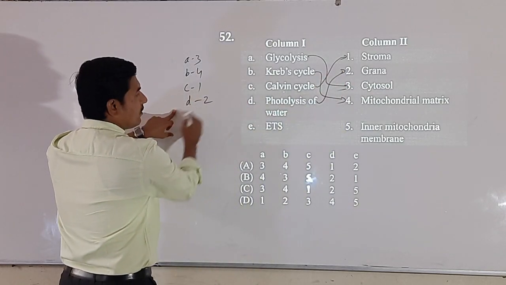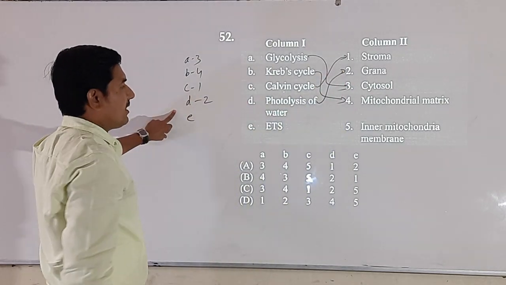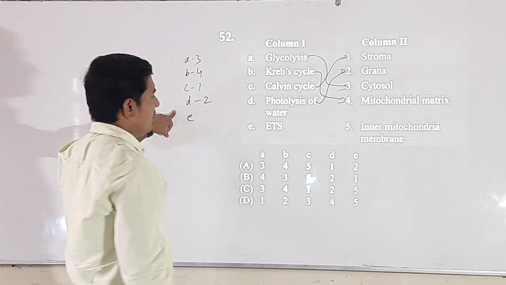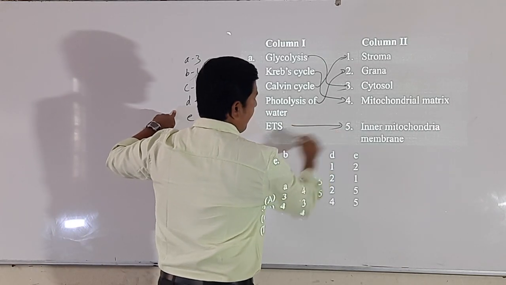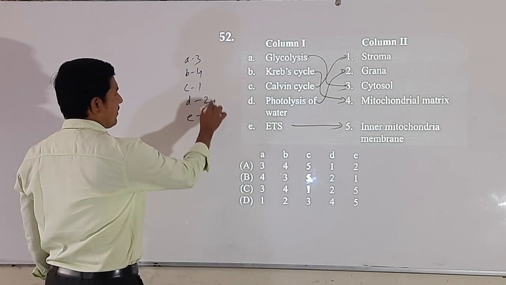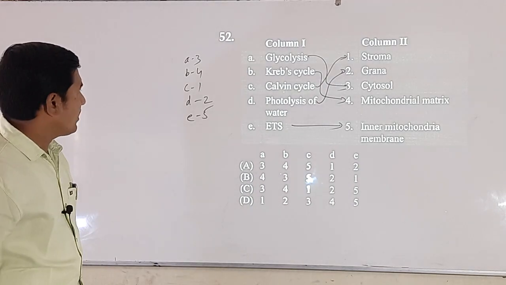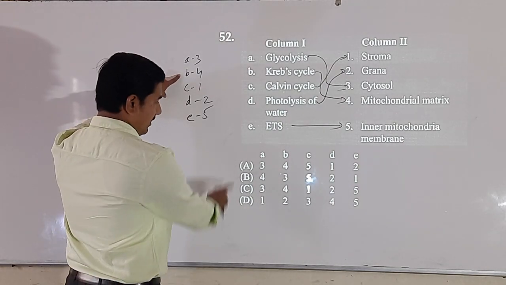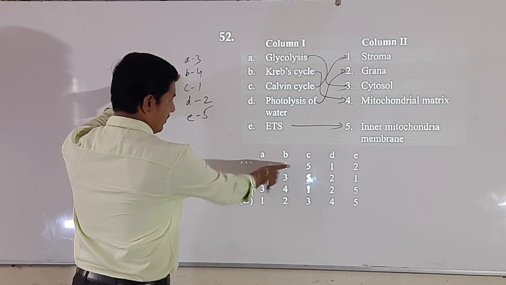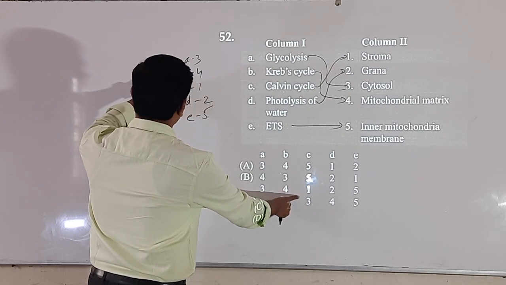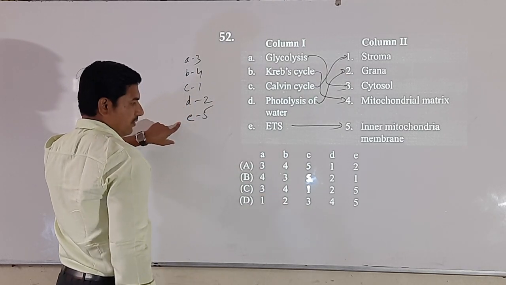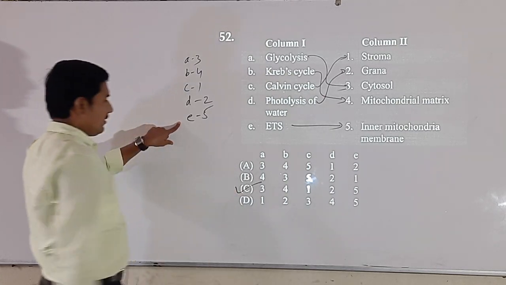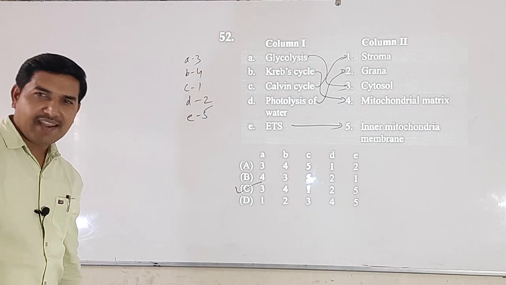So D2. And ETS, electron transport system, occurs in E5. Okay, so option A3, B4, C1, D2, E5. So option C. Okay.